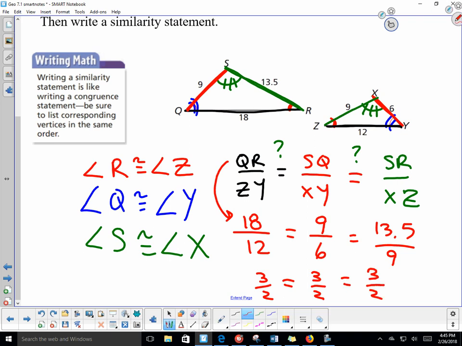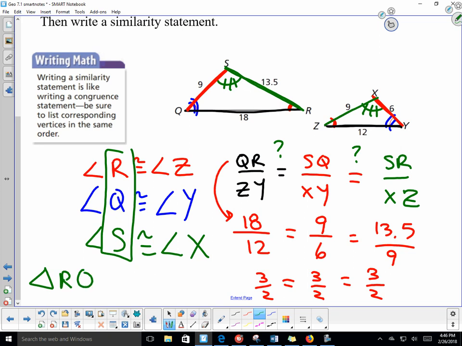So all the sides are proportional, all the angles are congruent, which means yes, these two triangles are similar, and our similarity statement would be, we can write them in this order here. I'm going to say triangle, and I can just use these letters in that order right here.